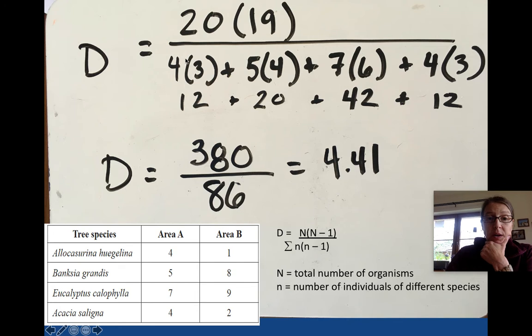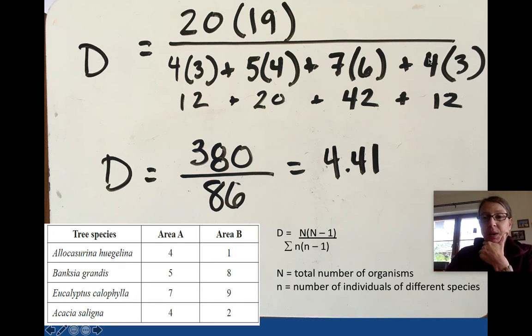So 4 times 3, because that's 4 times 4 minus 1, plus 5 times 4, plus 7 times 6, plus 4 times 3. So the total here is 20, right? And each of the individual populations will be added up down below. So 4, 5, 7, 4.